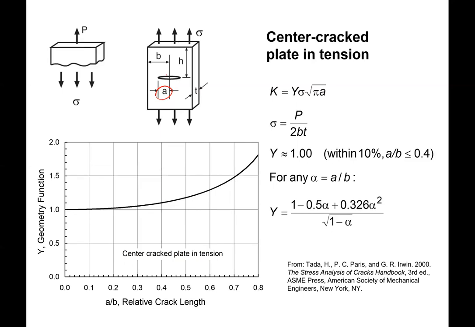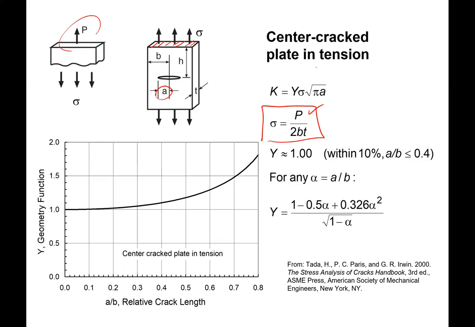They define some other parameters like b, which is the half width of the sample, h for the height, the location of the crack, and the thickness t as well. When there's an applied load P on the sample, you can first find the stress. This is our standard definition: the force applied over the cross-sectional area, which now is 2 times b times t.